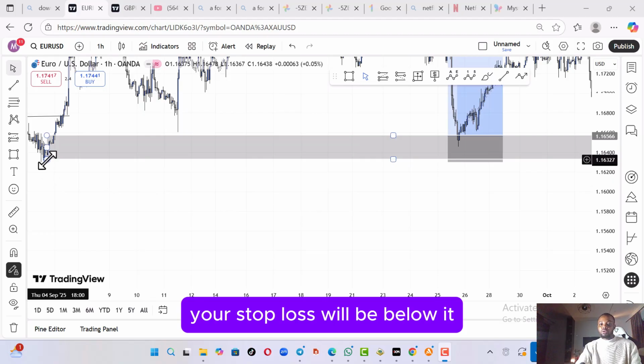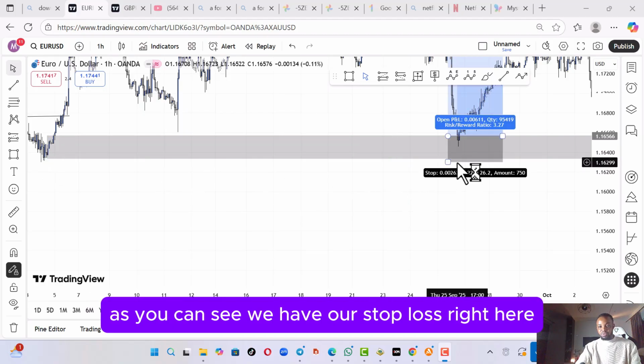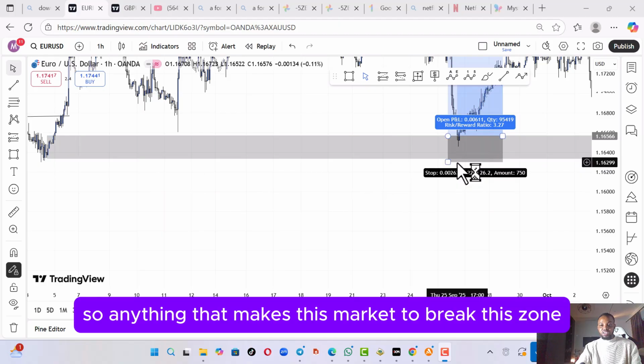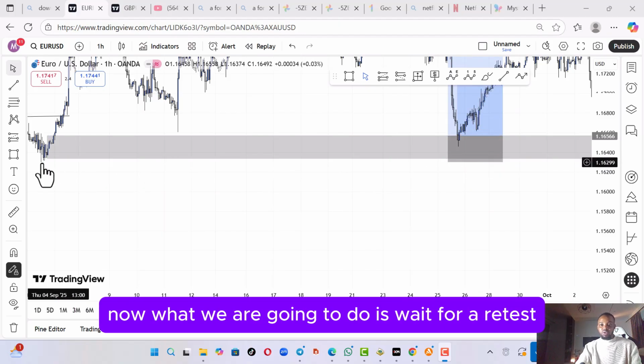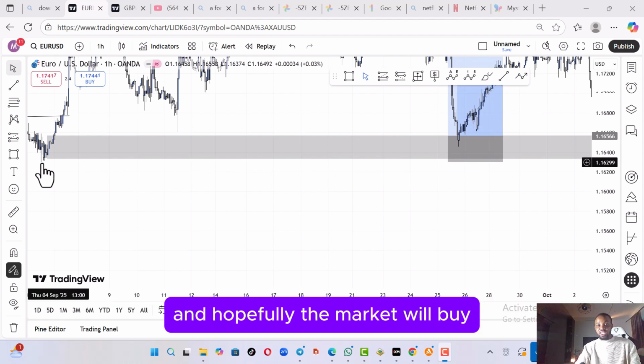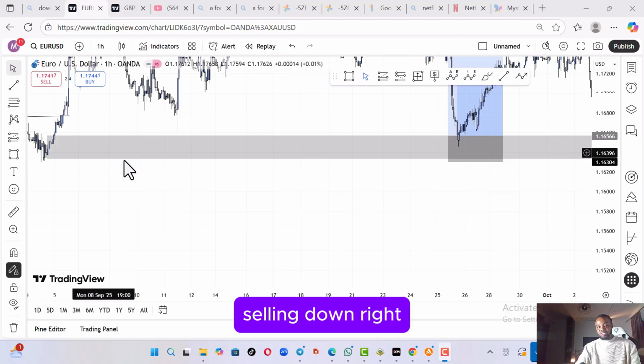Your stop loss will be below it, and as you can see, we have our stop loss right here. So anything that makes the market break this zone, what we are going to do is wait for a retest, and hopefully the market will buy, or possibly it can even continue selling down, right?